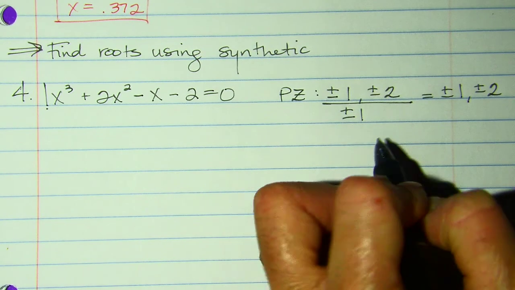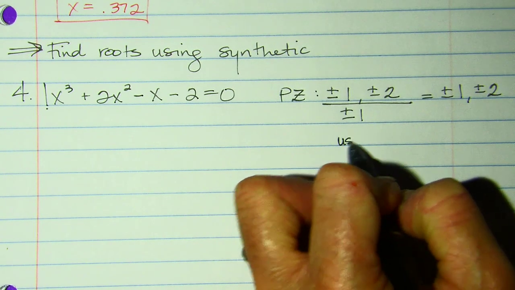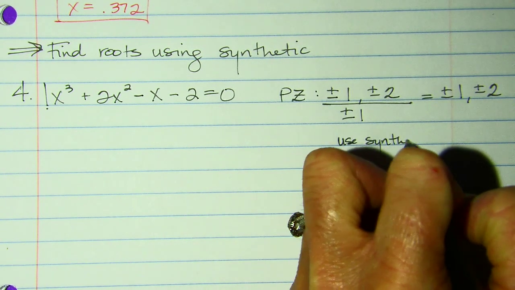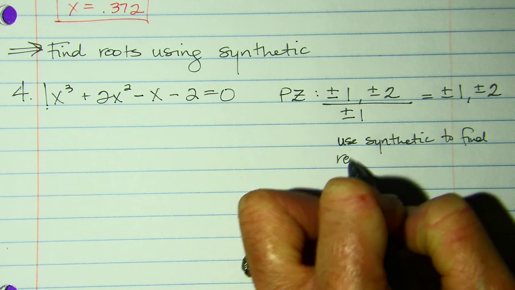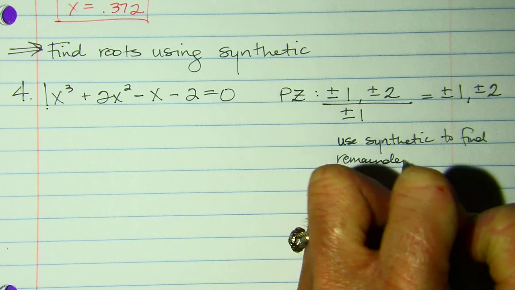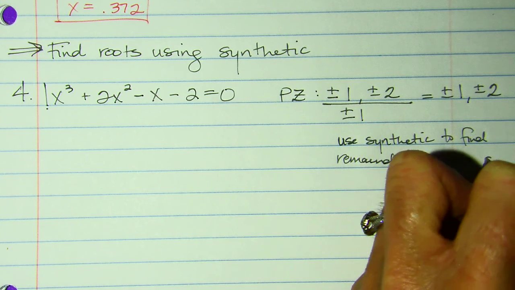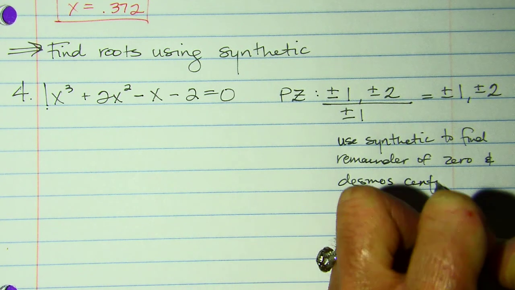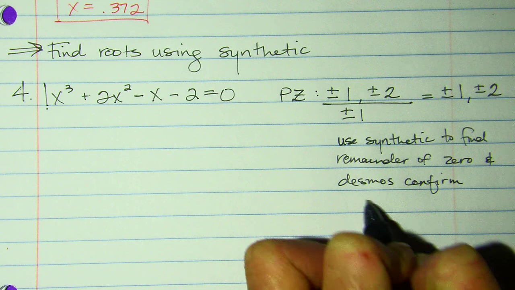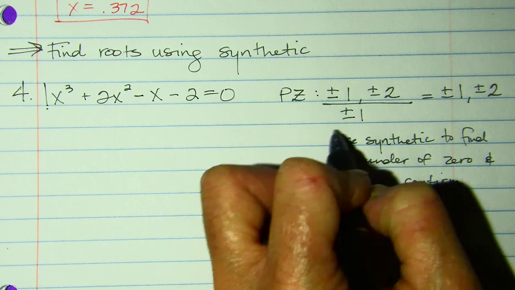These are my possible zeros. I'm going to use synthetic division to find a remainder of 0, and I'm going to use Desmos to confirm x-intercepts.